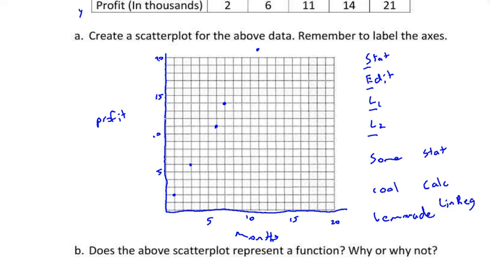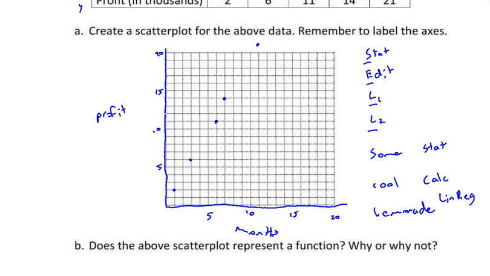At this point, the buttons that you would push in the calculator vary based on the version of calculator that you have. So if you just hit enter here, it will calculate the equation, but there are several different keystrokes that you could hit to be able to have the equation typed unrounded directly into y equals for you, which makes for a really nice graph. Also allows the calculator to do the predictions for you.